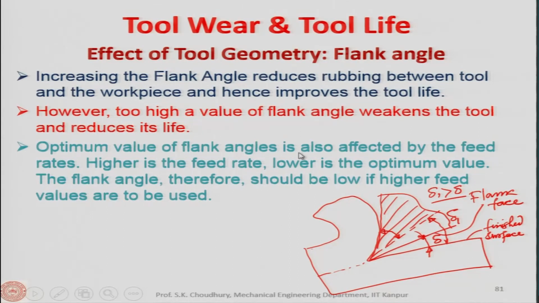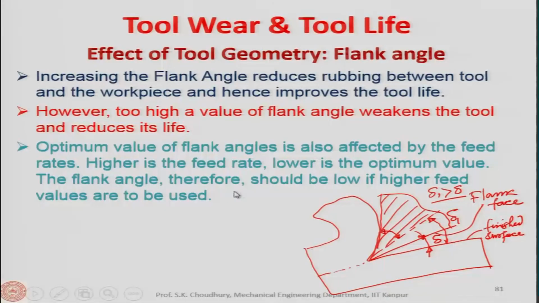The optimum value of flank angle is also affected by the feed rate. Higher the feed rate, lower is the optimum value. Why? Because as the feed rate increases, we need more strength in the tool, since more force will be exerted on it.